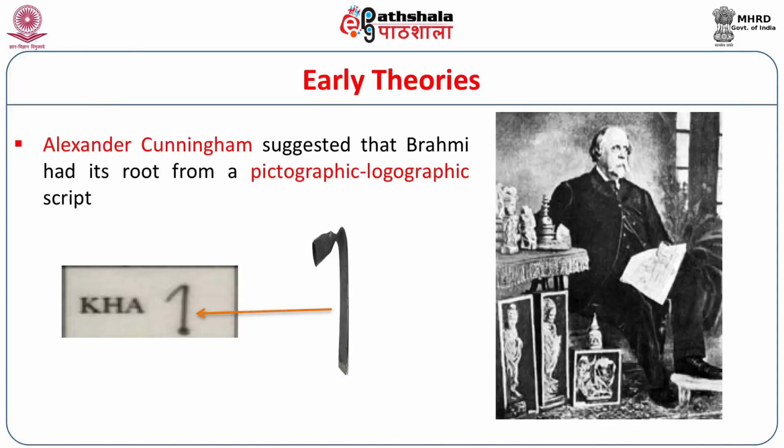The most early theory on the origin of Brahmi, which was given by Alexander Cunningham, was that Brahmi originated from a pictographic logographic script. To the left, you can see the Brahmi letter Kha. Cunningham suggested that this letter Kha had developed from the pictographic representation of a mattock. The picture to the right is that of a modern hoe or mattock.